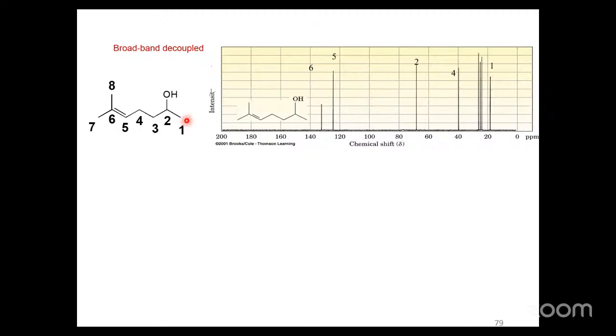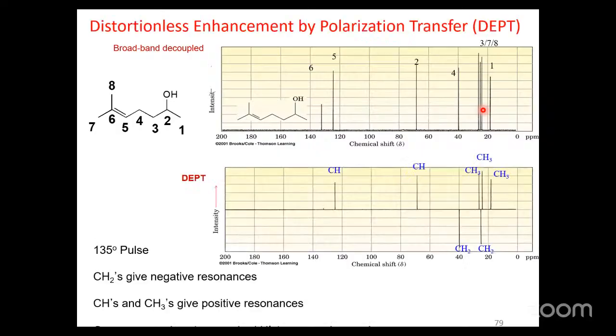C1 can be easily found because it is coming below 20. It is the most shielded signal. Now left behind are C3, C7 and C8, and they are coming over here.